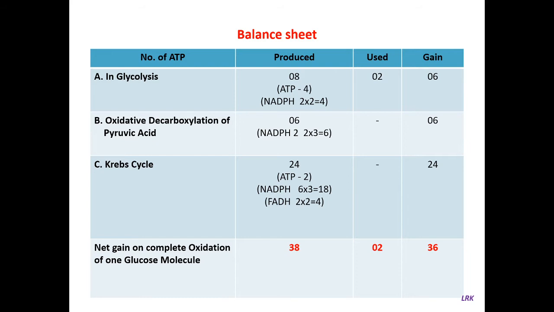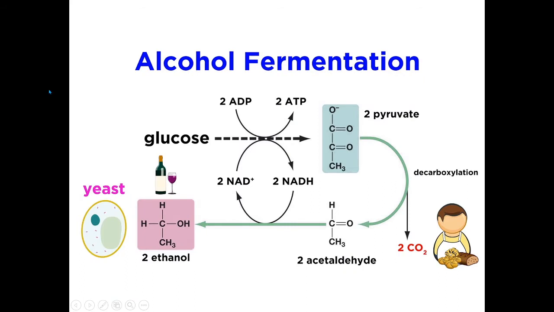Therefore, if we find out the efficiency of biological oxidation, we get near about 40%. Only 40% of the energy is stored in the form of ATP, and the remaining 60% is wasted in the form of heat. Now we will see the next topic, that is the mechanism of anaerobic respiration.